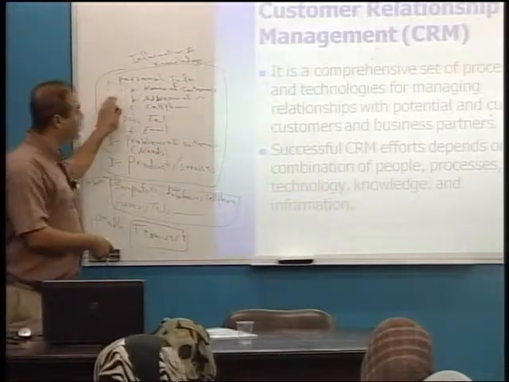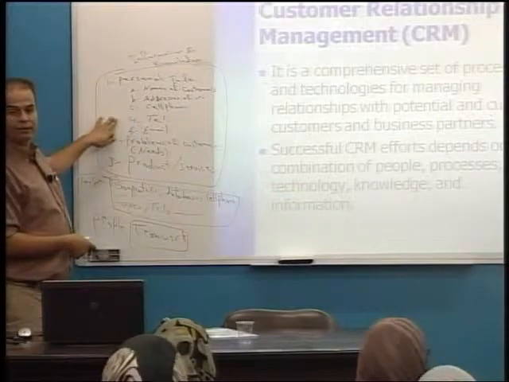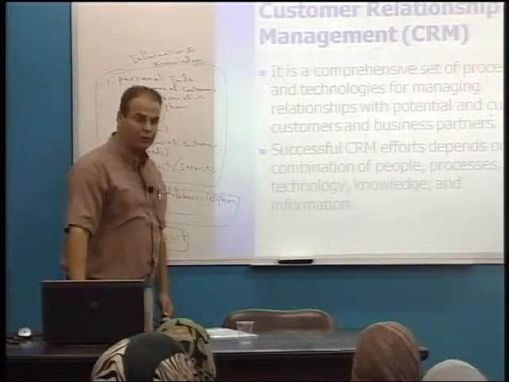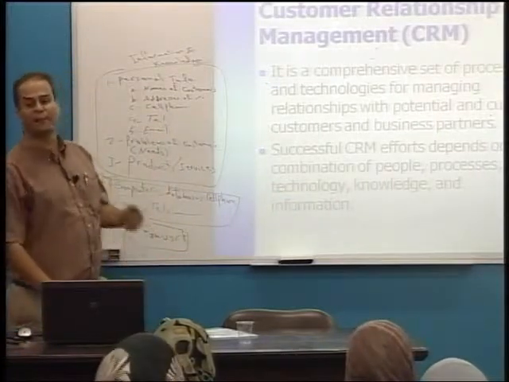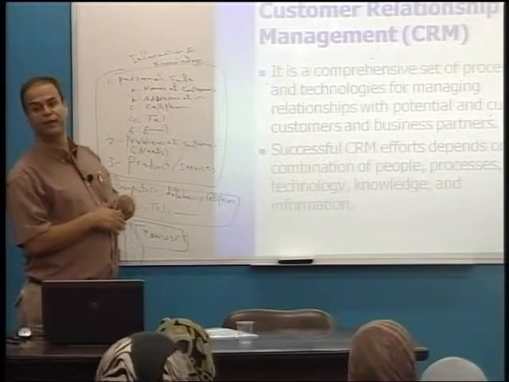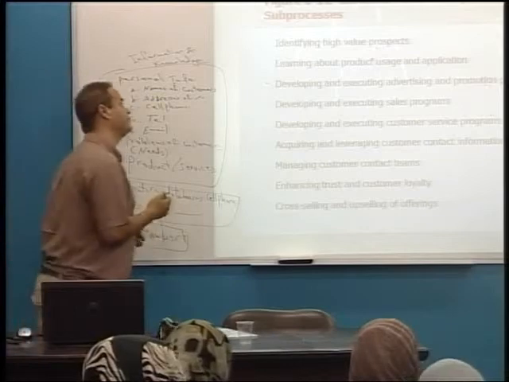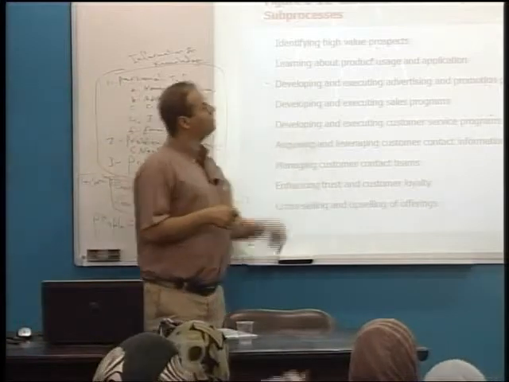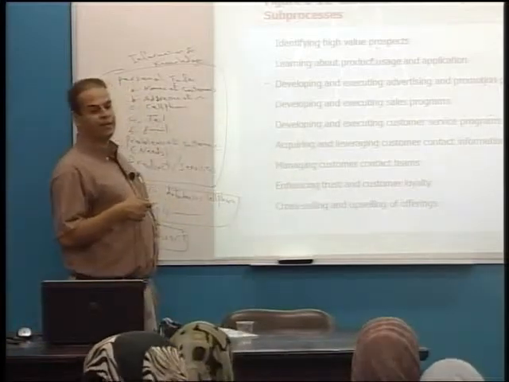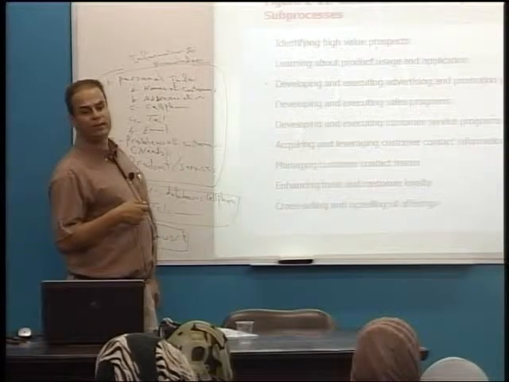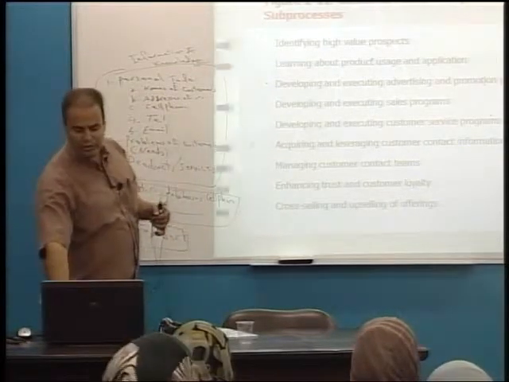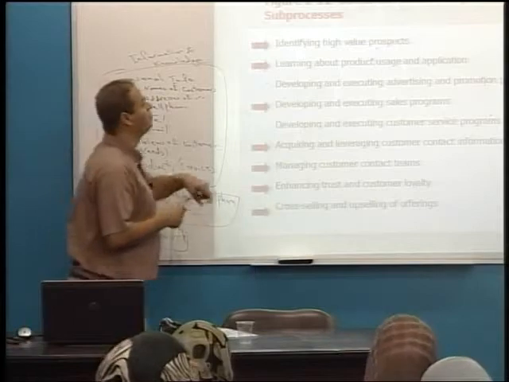So what we draw here is just a reflection of the terminology which refers to CRM. This is very important. Now, let's go on to the processes. Customer relationship management sub-processes. These sub-processes begin with something called identifying high-value prospects.